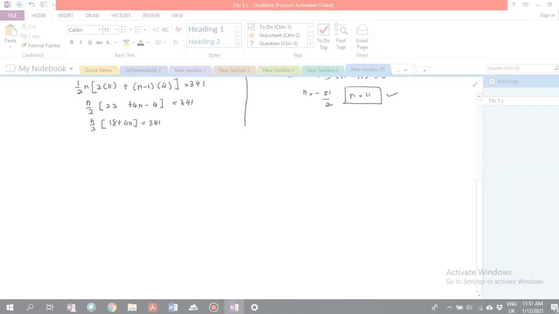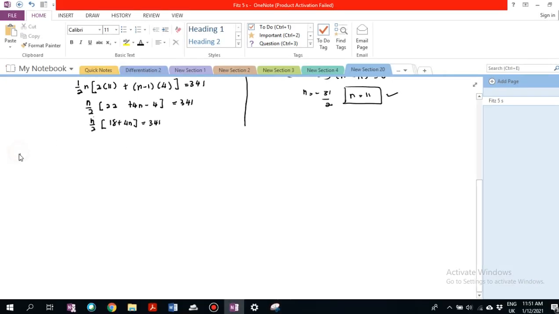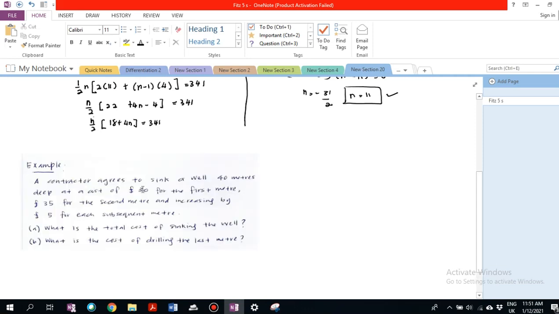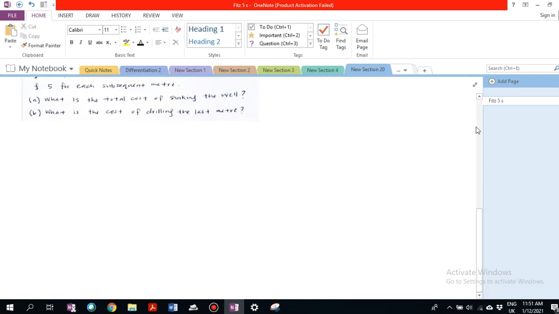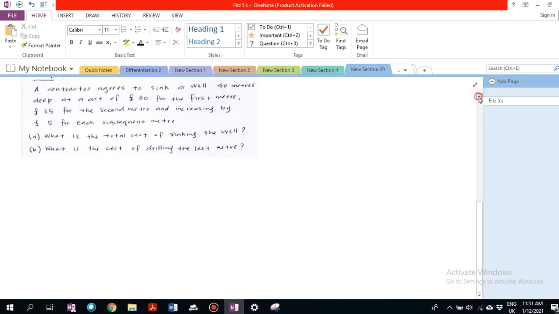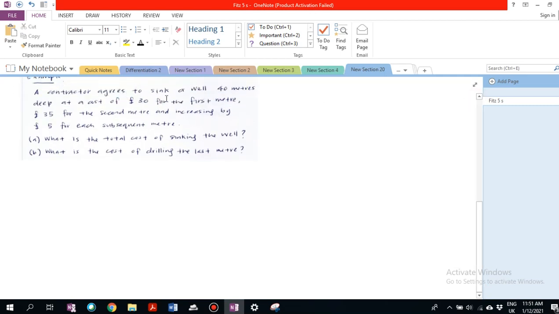The second one, we can go for the second example of an arithmetic series. A contractor agrees to sink a well 40 meters deep at a cost of $30 for the first meter and $35 for the second meter, and increasing by $5 for each subsequent meter.